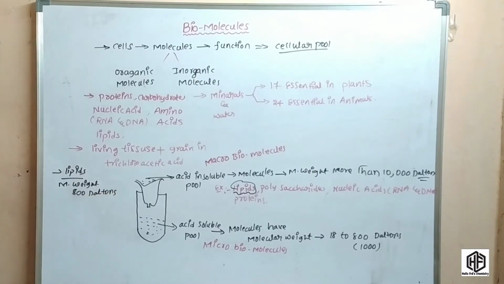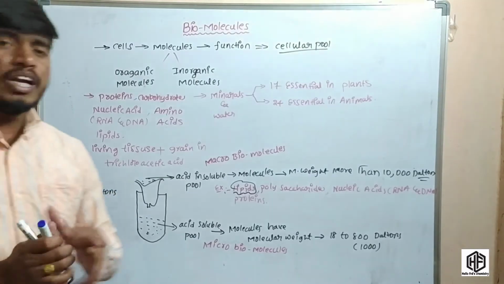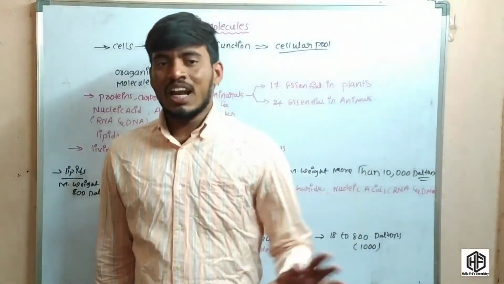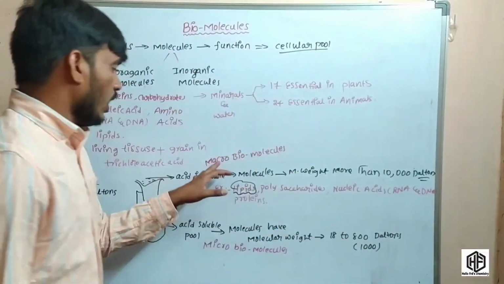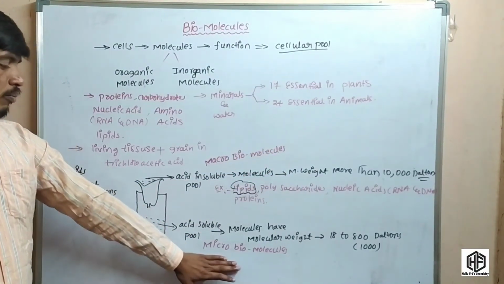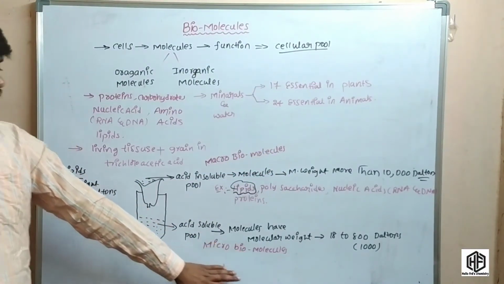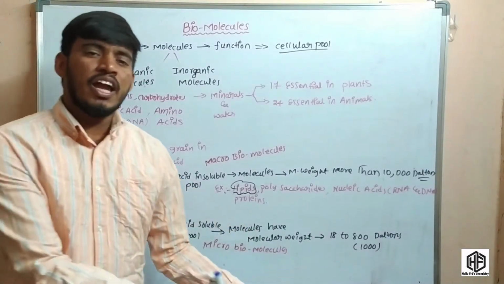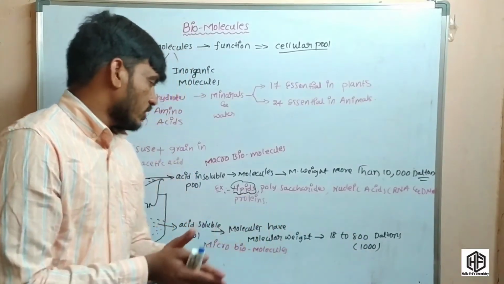So depending upon the molecular weight, those particular molecules are again classified into two categories: macro biomolecules and micro biomolecules. The molecular weight of micro biomolecules is in the range of 80 to 800 Daltons.